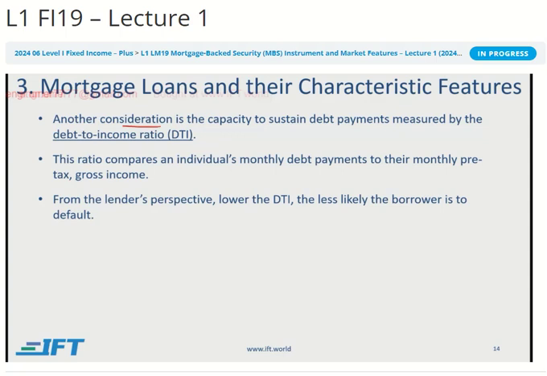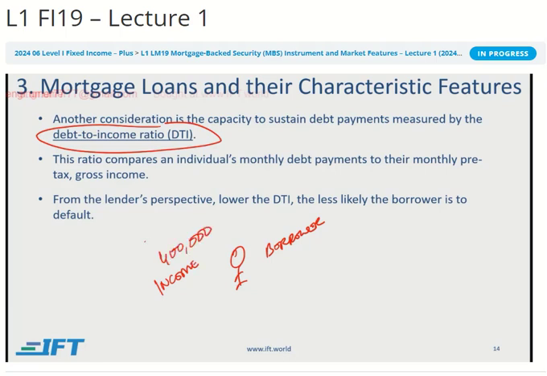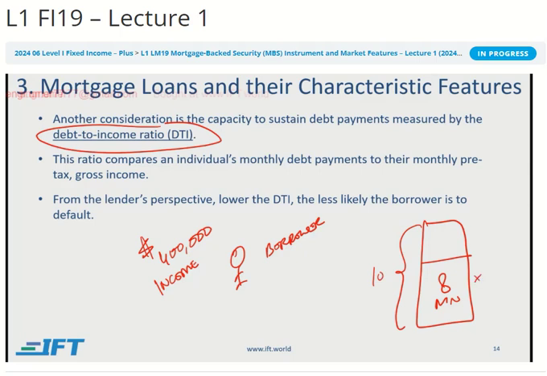And also what we want to see is the debt to income ratio. Now, that individual who's taking the mortgage from us is the borrower. What we want to see is how much is the borrower's income. Let's say this fellow earns $400,000 per annum, and he or she has borrowed from us 8 million for a property of 10. And they have to pay 5% per annum on this 8 million.